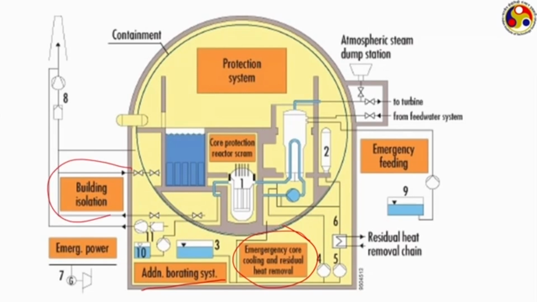We have the building isolation system, by which the building can be isolated, and the emergency feeding system. These are all part of different layers of protection, and these are all mostly to meet those three objectives, that is restricting the reactivity, removing the heat and containing the radioactivity.